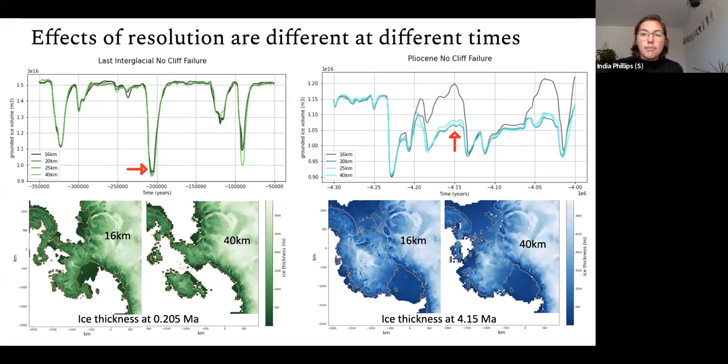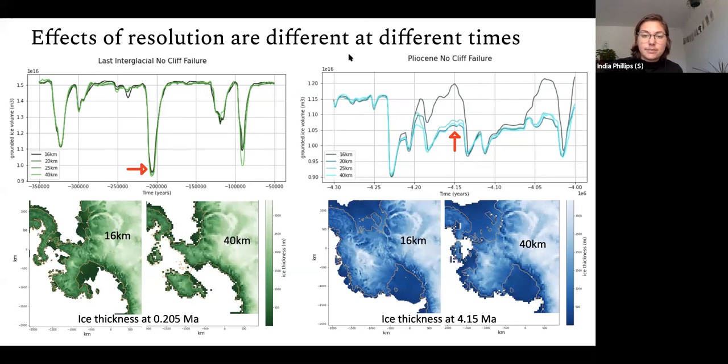What's interesting here, at least in these top two charts, is that the resolution seems to have a greater effect on Pliocene ice volumes than last interglacial or more recent ice volumes. So you might interpret that to mean that resolution has a higher impact in warmer timescales, which is an important thing to notice if you're going to try to model the future.